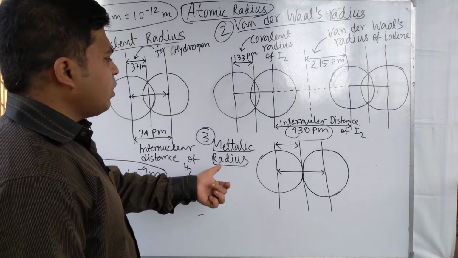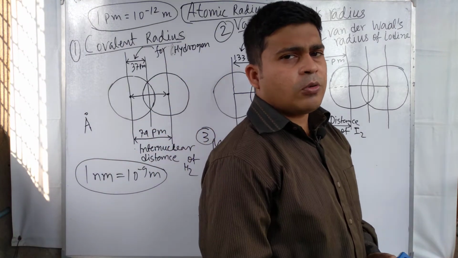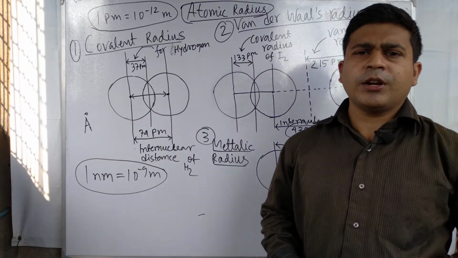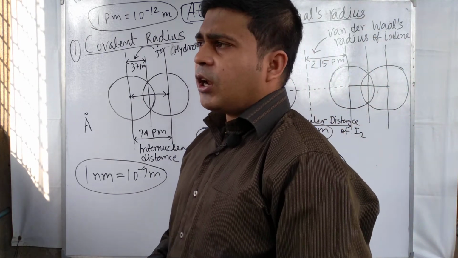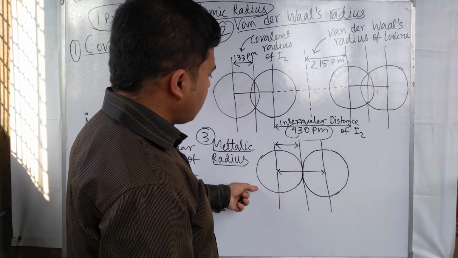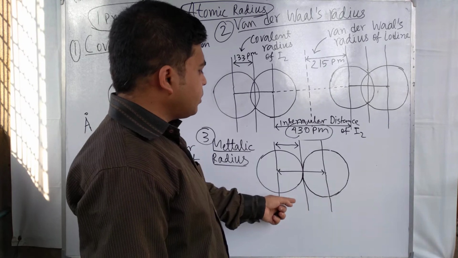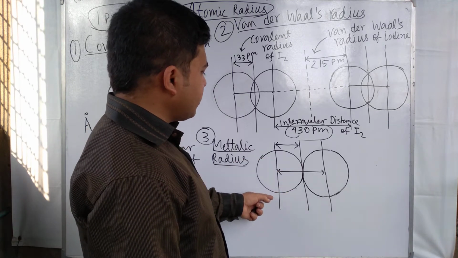Metallic radius is also called crystalline radius. To measure crystalline radius, in crystal form, two atoms of metal are touching each other.